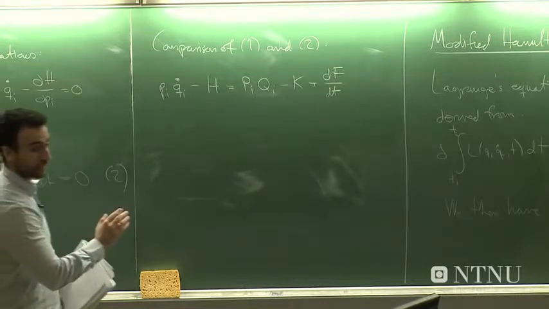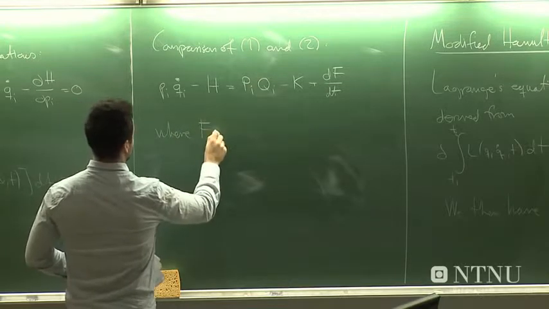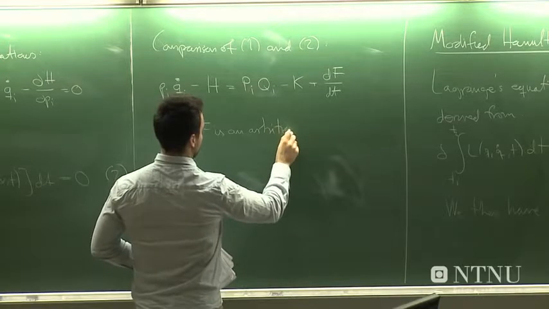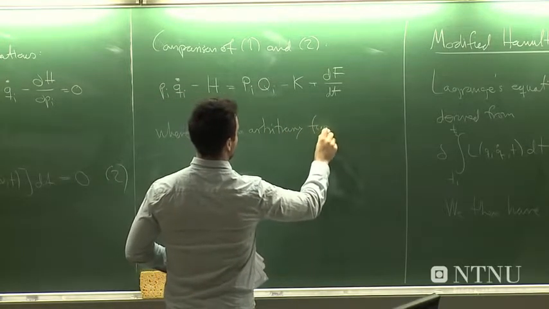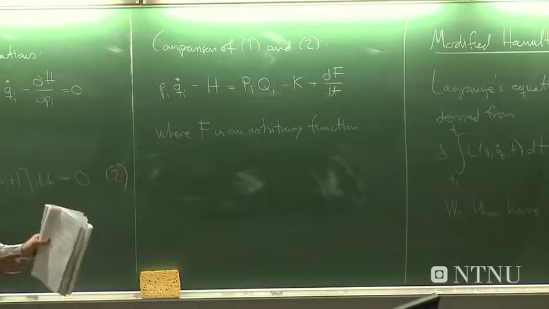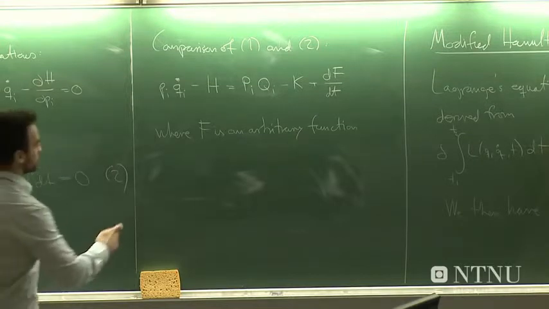Where now f is an arbitrary function, with one exception, it has to have zero variation at the endpoints.